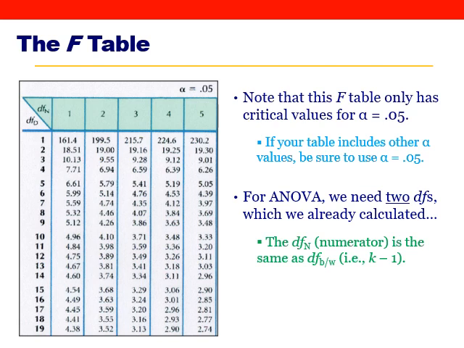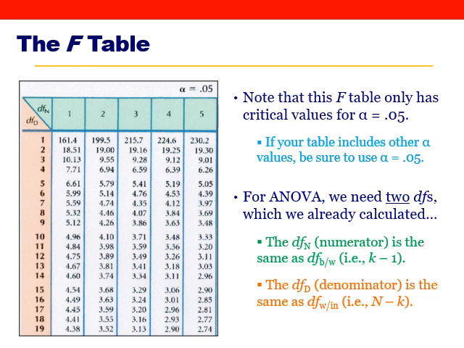Whether we call it the numerator or the between groups degrees of freedom, the way we calculate that number is k minus 1. We also have our within groups degrees of freedom, which is also called the denominator degrees of freedom. The way we calculate that number is by taking big N and subtracting k from it.